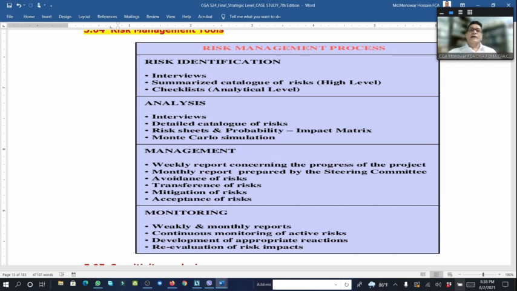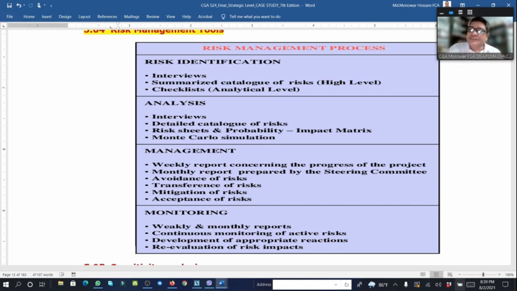So here first we have to identify the risks of the organization, but also what type of project we are going to take for the organization, what would be the risks, and we should analyze it, how we will manage it, and continue how we will monitor that risk. So we also know that we cannot stop the risks, but we will be able to shift the risks. We know it.